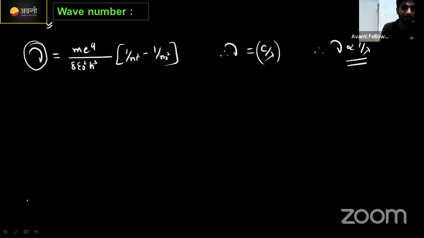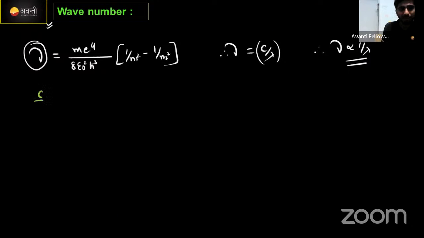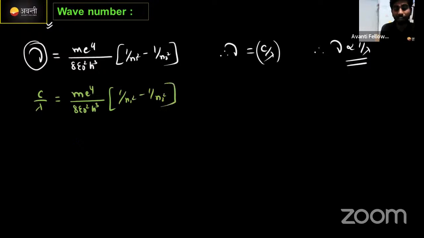Look carefully: nu, which is c by lambda, is equal to m e to the power of 4 divided by 8 epsilon naught square h cube into 1 by n1 square minus 1 by n2 square. Guys, most of the equations will become clear in this slide. Be aware of this.